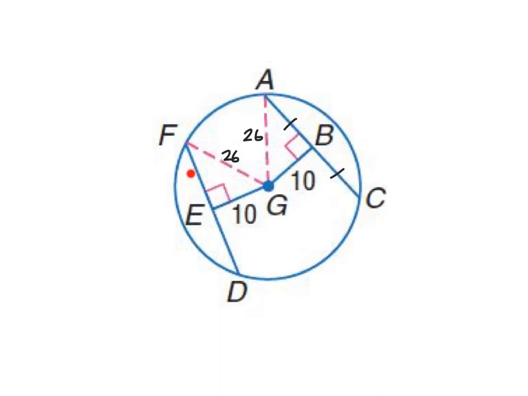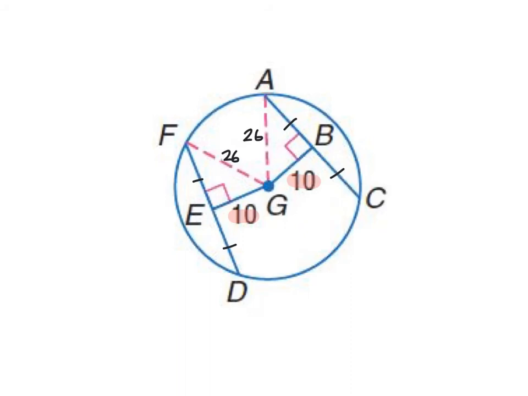Now, the same thing would happen on this side, but another really important thing to notice is that these values are the same. These two chords are equidistant from the center. They are both 10 units from the center, which means that AC is actually congruent to FD. So if this side is also bisected, all of these little segments are going to be congruent.